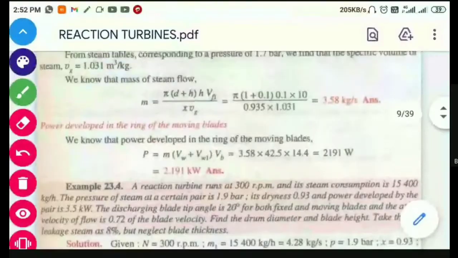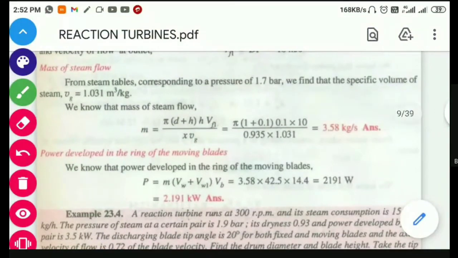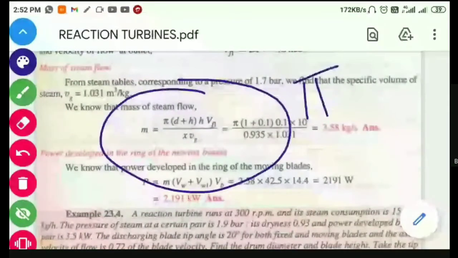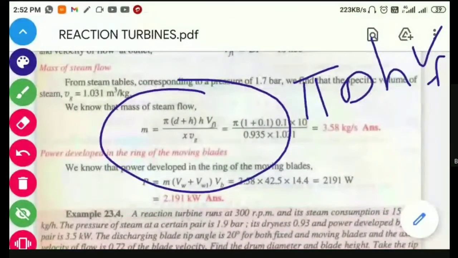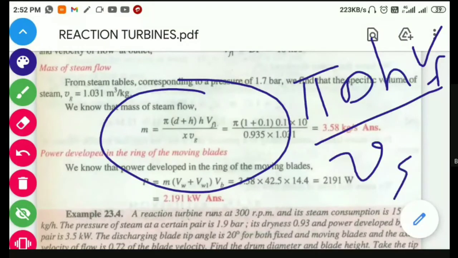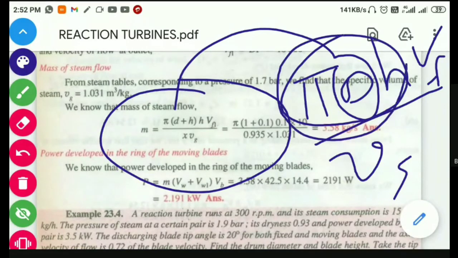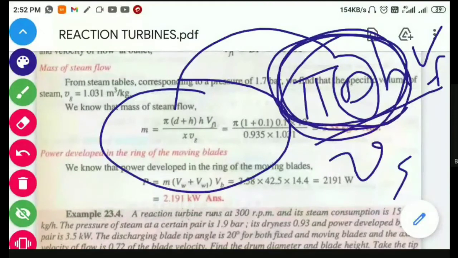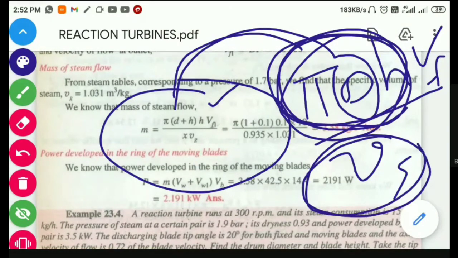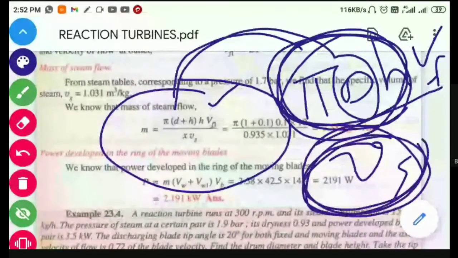The same formula is used here: m equals pi D h Vf1 divided by specific volume, where D is the mean diameter, D equals small d plus h, and pi D h is the area. Vf1 is the flow velocity, and Vs is the specific volume, which depends upon the quality of the steam.